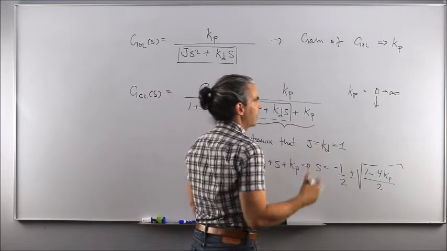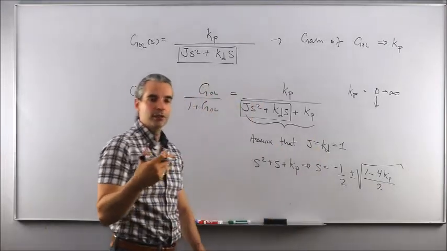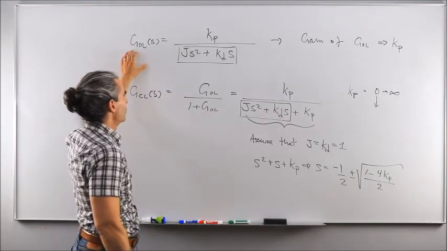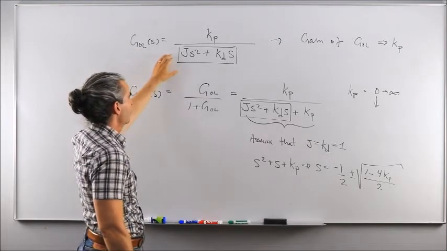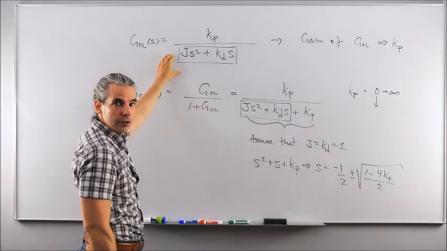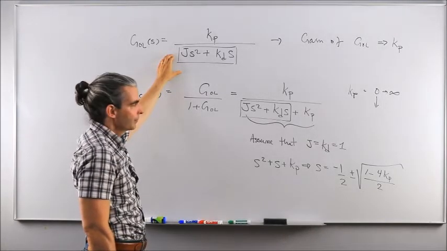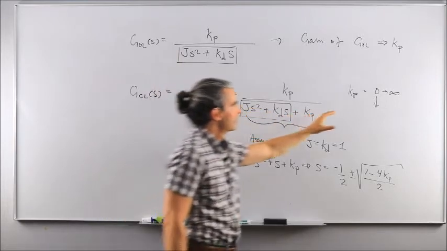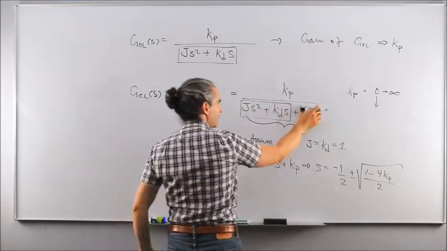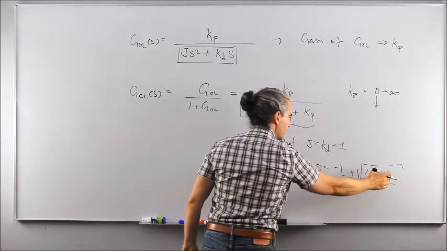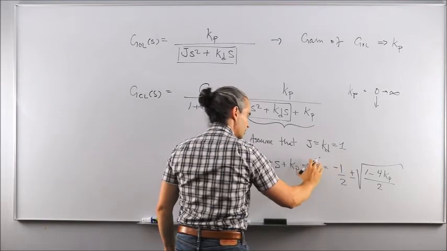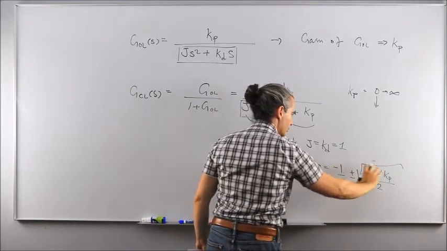This is why we initiate the construction of a root locus solely by looking at the open loop transfer function in terms of its poles, because that is the starting point of the root locus. But as Kp moves away from 0 and increases, this value comes into play, and that will shift the location of our poles in the complex plane, but in terms of the closed loop poles now.